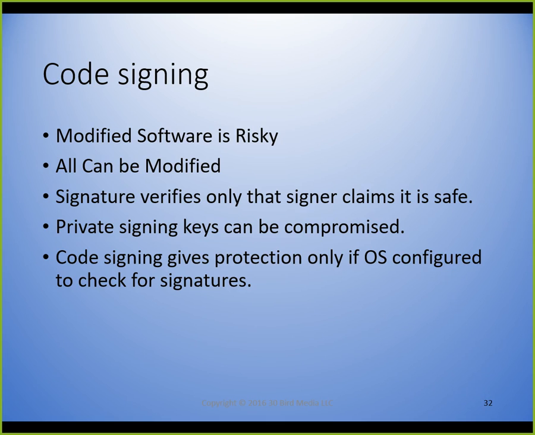Private signing keys can be compromised. When we talked about keys, we had the question, can these be compromised? Absolutely. Can they be spoofed? Code signing gives protection only if the operating system can check for the signatures. And the signatures are on the certificates. So go back to the certificates. They're signed by the certificate authority.